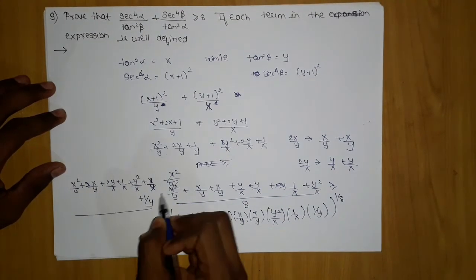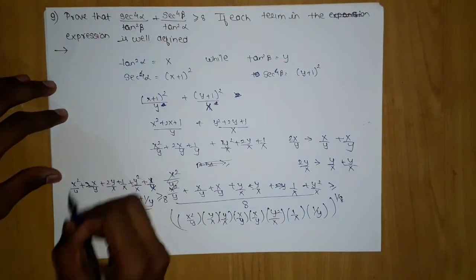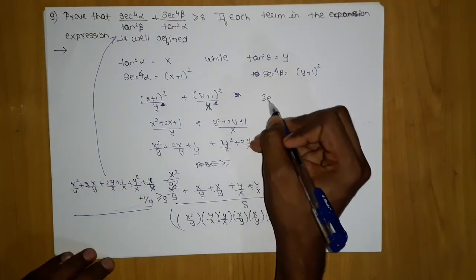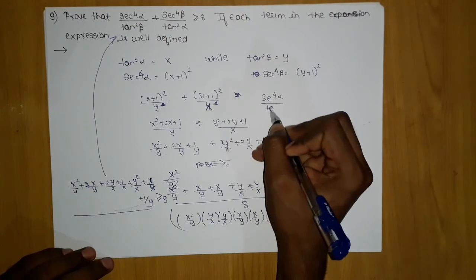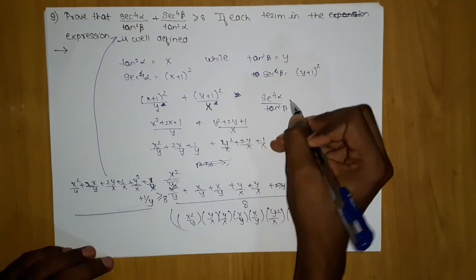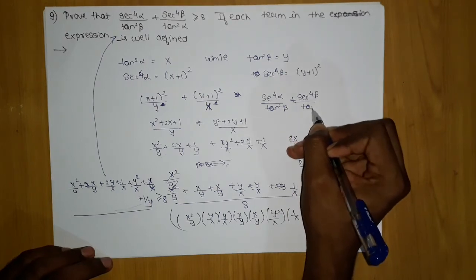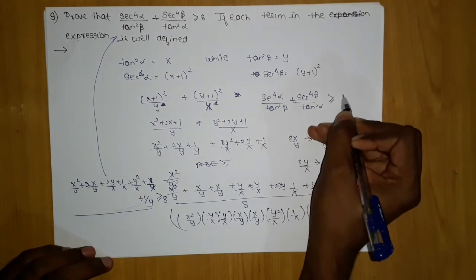It will move to this side, which will give me this. But wait a minute, this was nothing but this. So hence proved that sec power 4 alpha upon tan square beta plus sec power 4 beta upon tan square alpha is greater than or equal to 8.